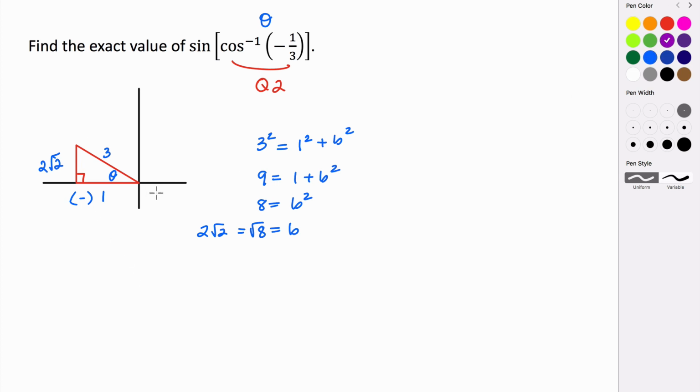So now we're trying to evaluate the sine of theta, where theta is just the measure in this triangle. In quadrant 2, we know that the sine of theta is positive. So we can just evaluate this.